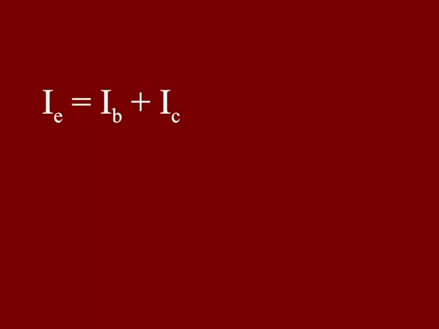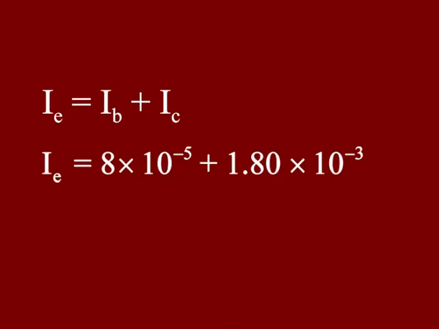Next, we calculate the value of IE, the emitter current, which is, of course, equal to the sum of the base current and the collector current. That is, IE is equal to IB plus IC. Adding the values of IB and IC, we have IE equal to 8 into 10 raised to the power minus 5 plus 1.80 into 10 raised to the power minus 3.